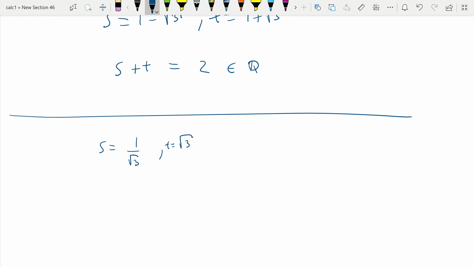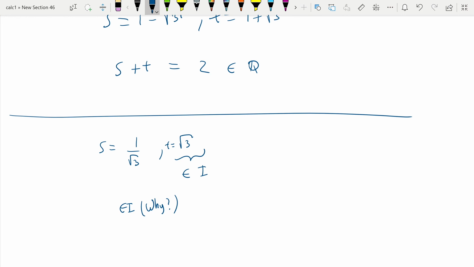As an exercise, I asked you to show that this is an irrational number. This we already know is an irrational number. Just to help you out with this one, if you take the inverse of an irrational number, then it has to be an irrational number.